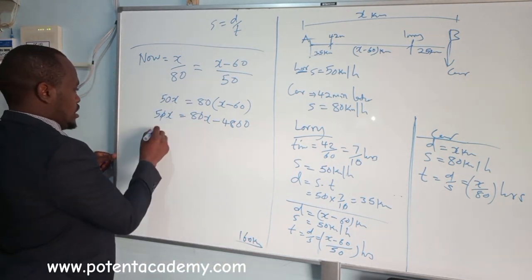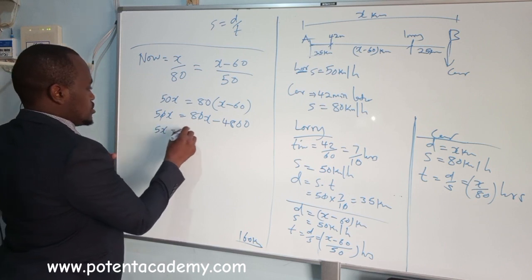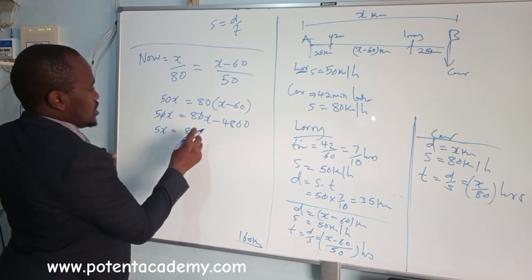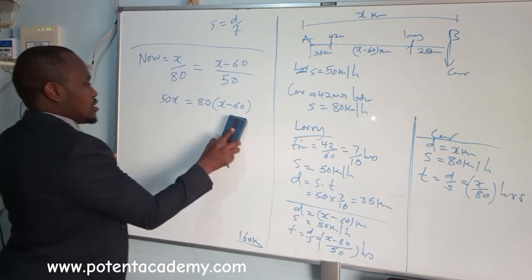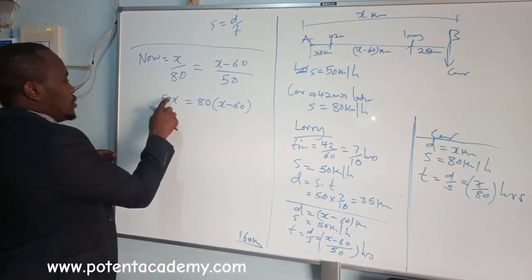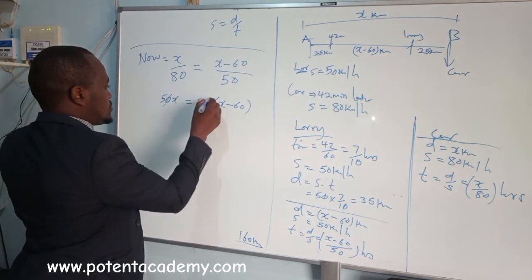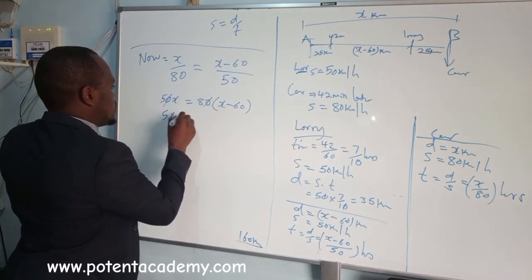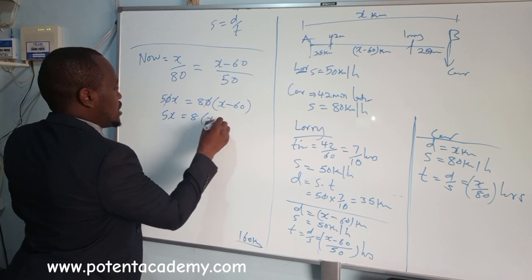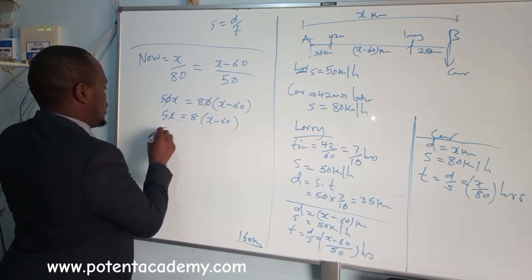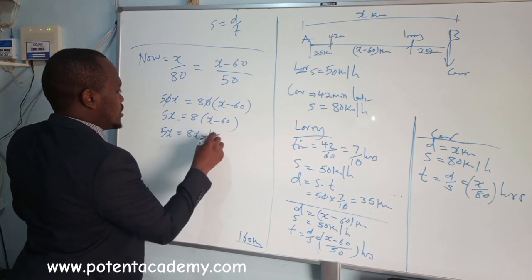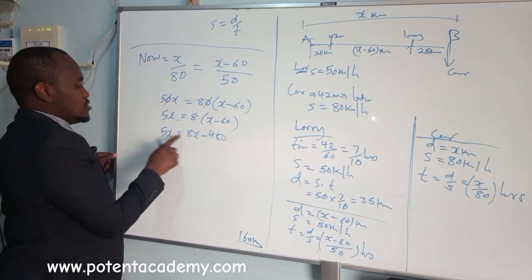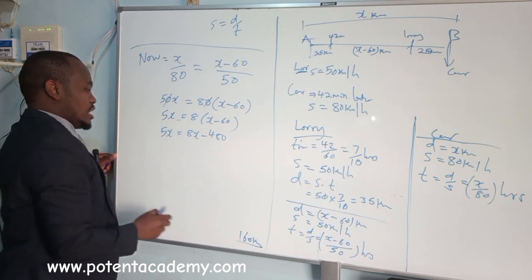Cancel zeros and you have 5x equals 8x minus 60. Sorry, we are cancelling at this point, where before we open this bracket, we have 5x equals 8x minus 60. Then 5x is equal to 8x minus 480. So see, it's only that you don't have a 0 here and a 0 there.